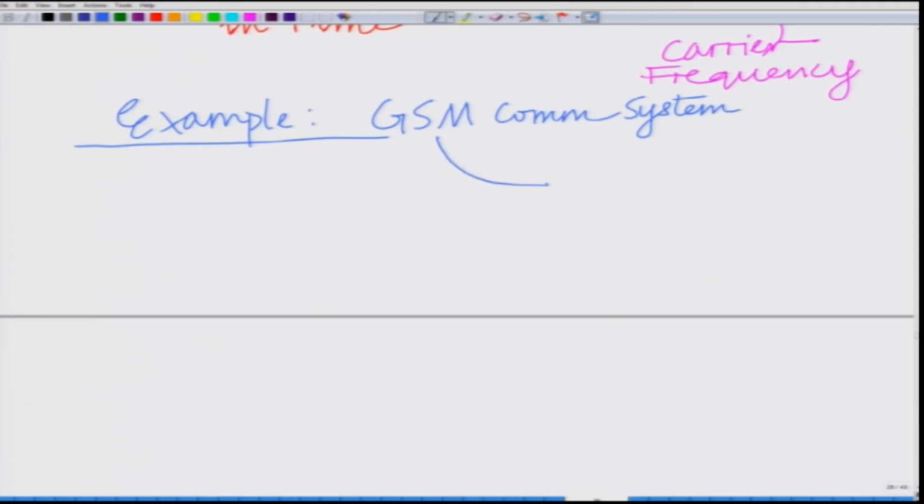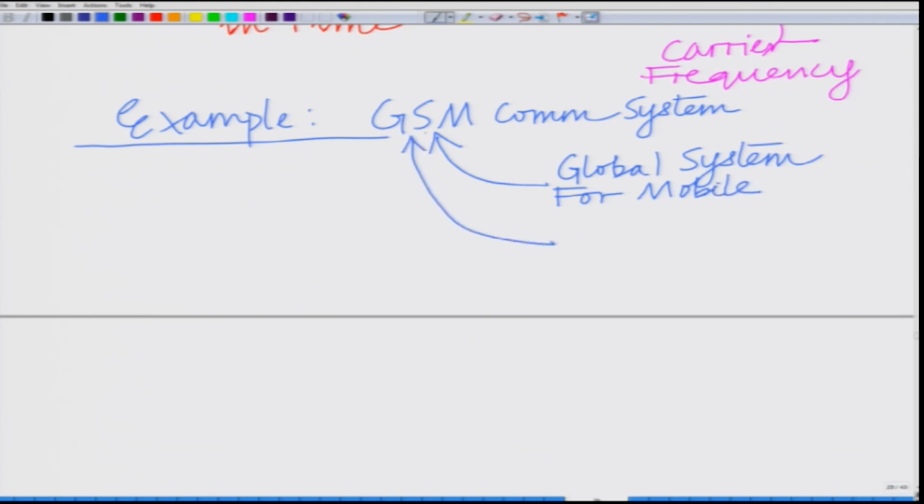So, GSM is the global system for mobile, and it is a dominant wireless technology.